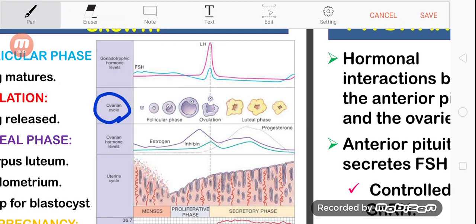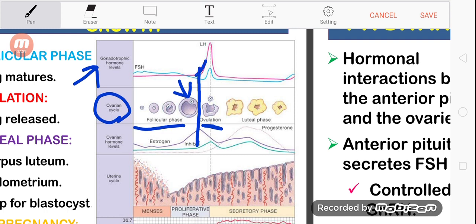So in the ovarian cycle, we have the follicular phase, then ovulation, and then the luteal phase. Please relate this ovarian cycle to the gonadotrophic hormone levels. As you can see, the increment of LH and FSH here marks the tertiary or Graafian follicles entering the pre-ovulatory phase.